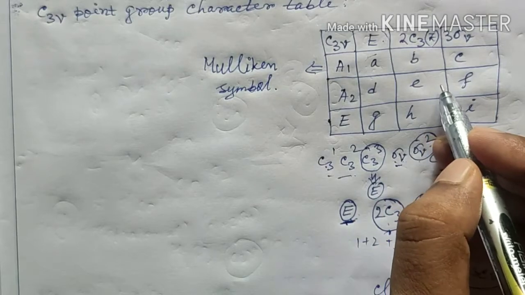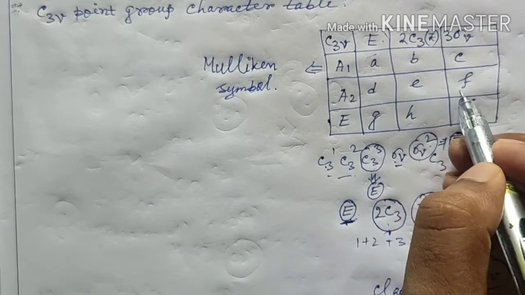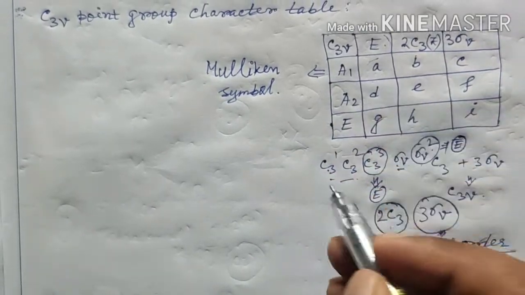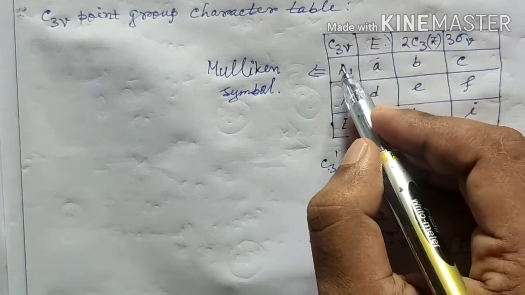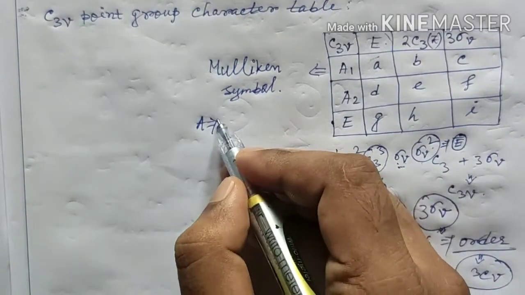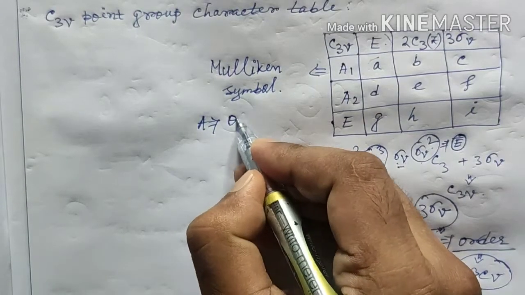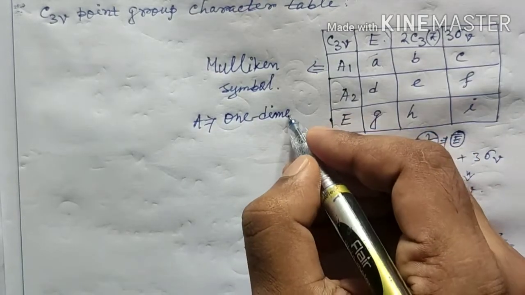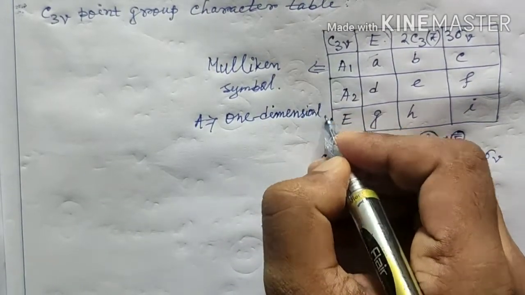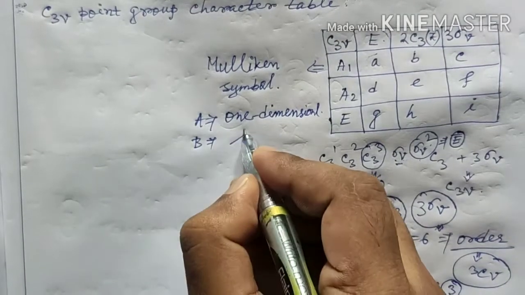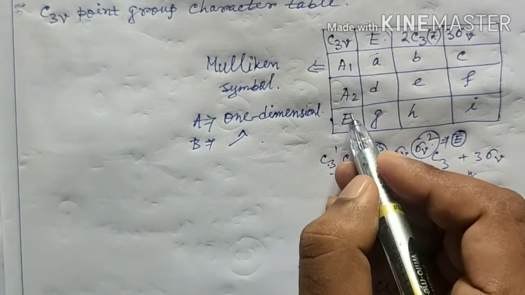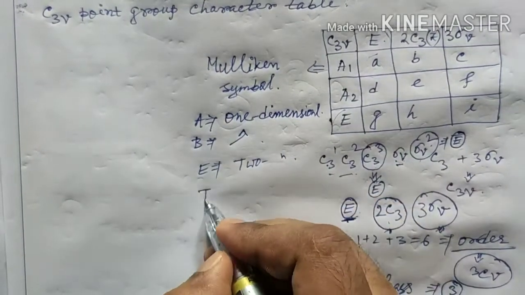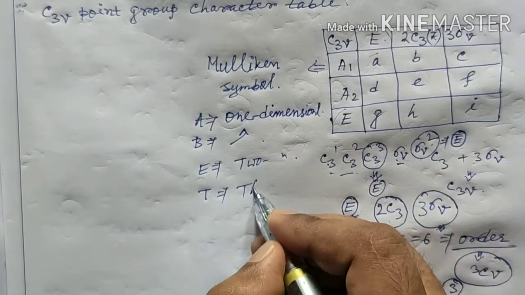These are written in alphabetical order, and these are the characters corresponding to the Mulliken symbols. The Mulliken symbol A is due to a one-dimensional representation, that is, the matrix is one-dimensional. A, B, these all correspond to a one-dimensional matrix. E corresponds to a two-dimensional matrix. And T corresponds to a three-dimensional matrix.